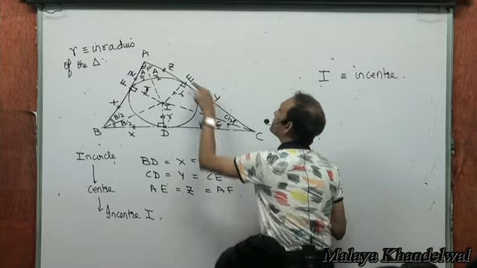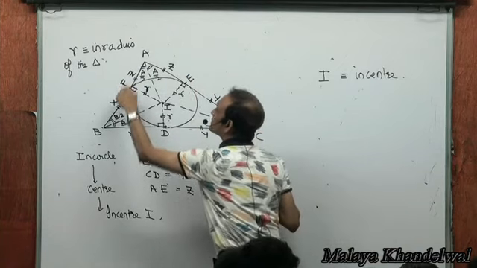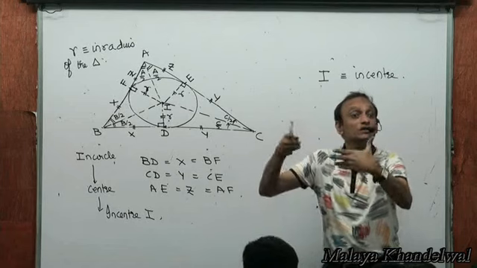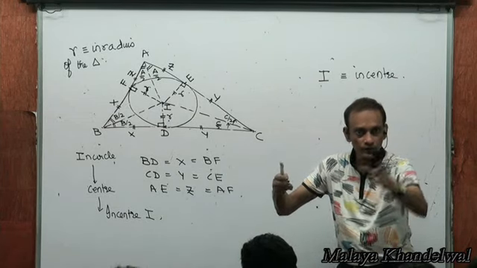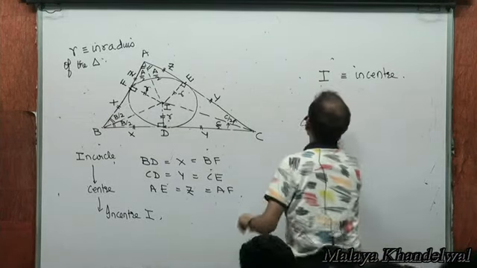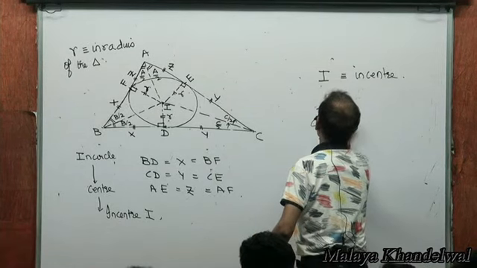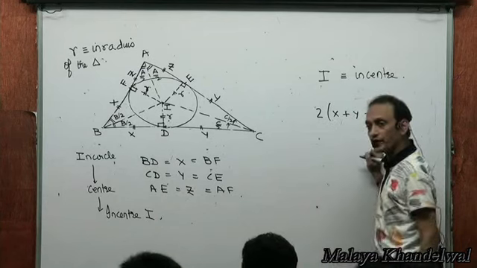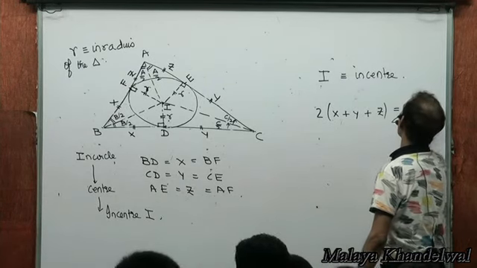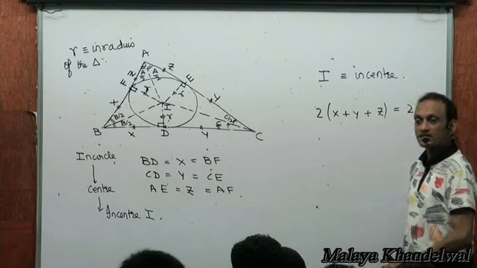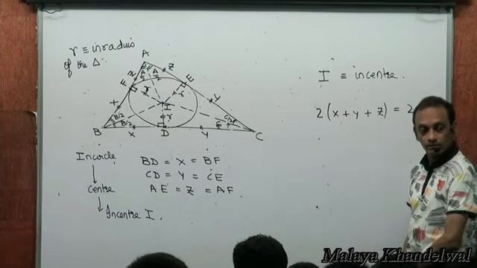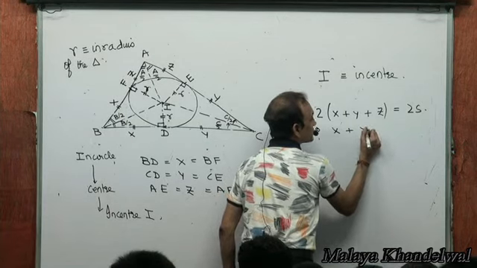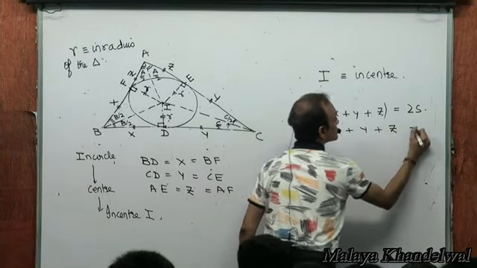That means twice x plus y plus z is twice the semi-perimeter, which means x plus y plus z is s.